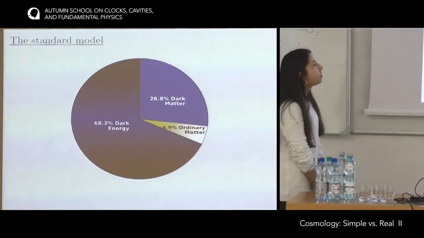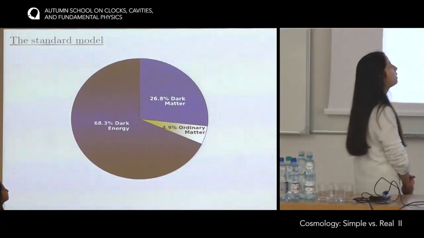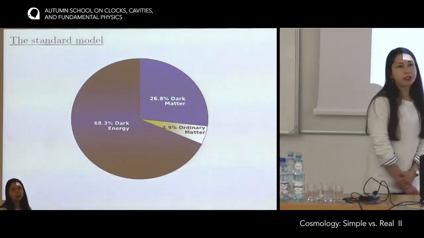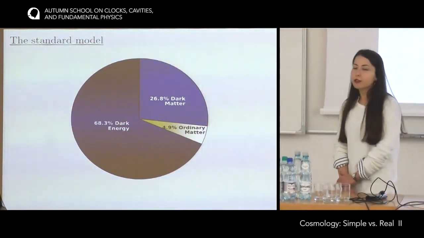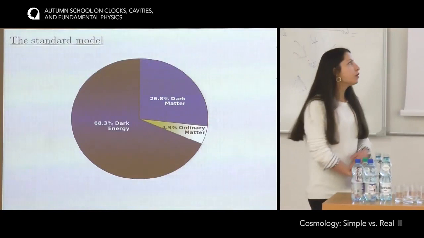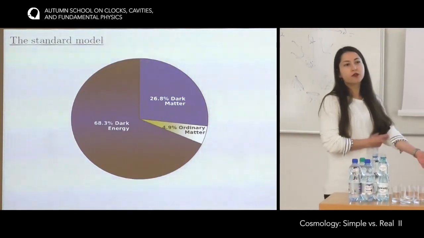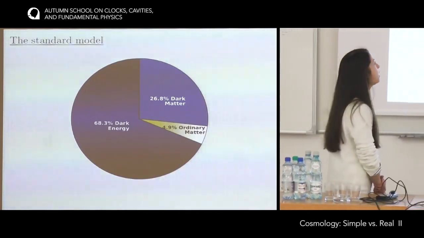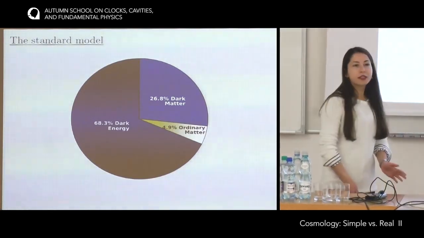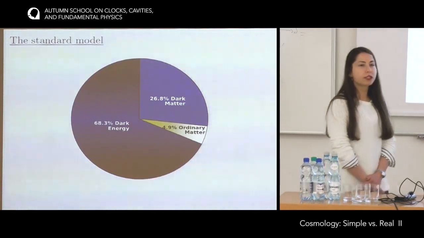So here's our standard model. We talked about it a bit yesterday. We said that 95% of the energy budget we have today is unknown. About 27% is in the form of dark matter, which has not been detected until today. And about 69% is in the form of dark energy.